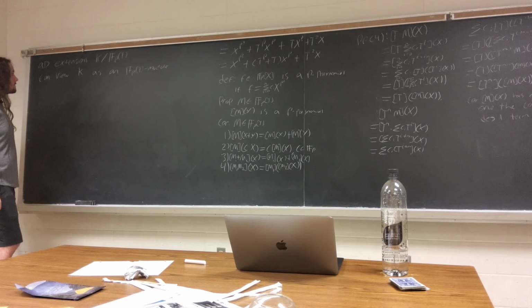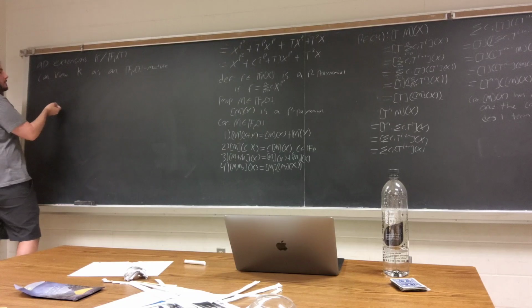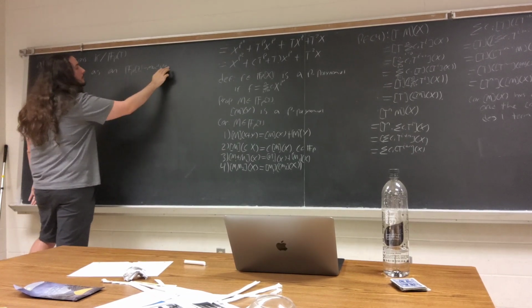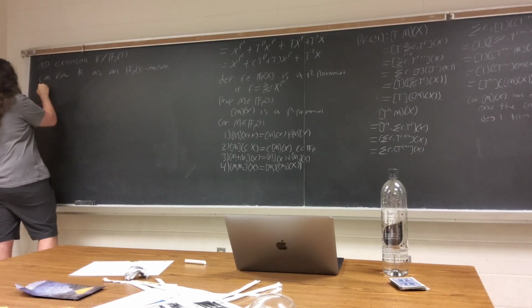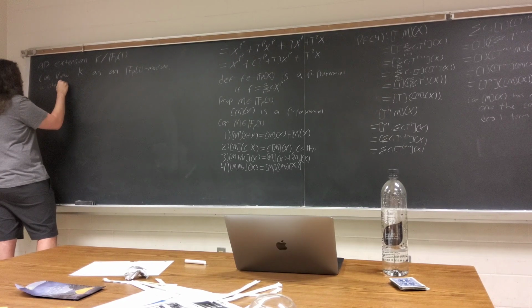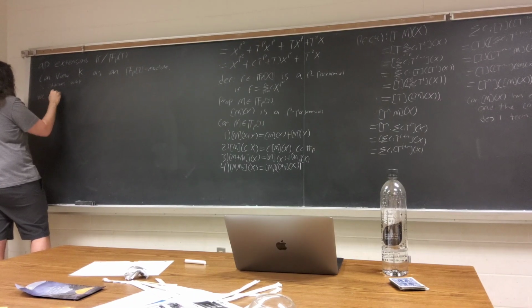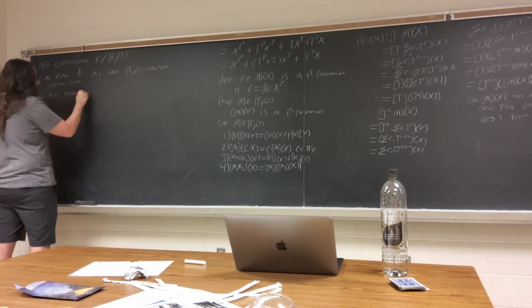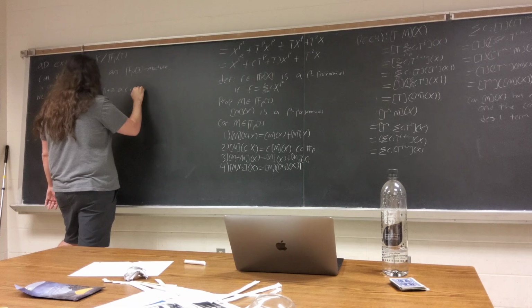But there's a more interesting structure that we can put on K, and that is through those Carlitz polynomials. So we want to define, in an obvious way, a Carlitz action, which I will define in a second.